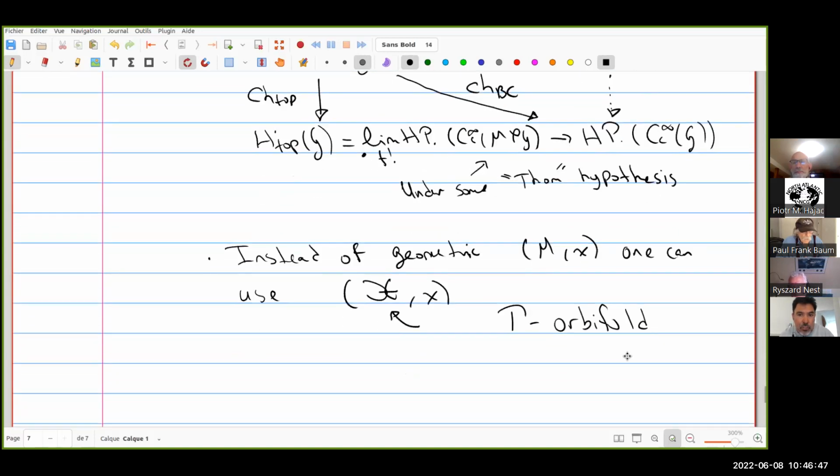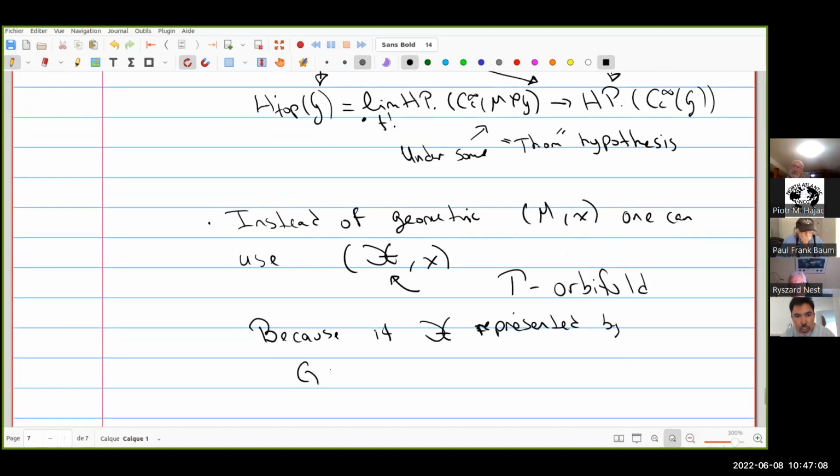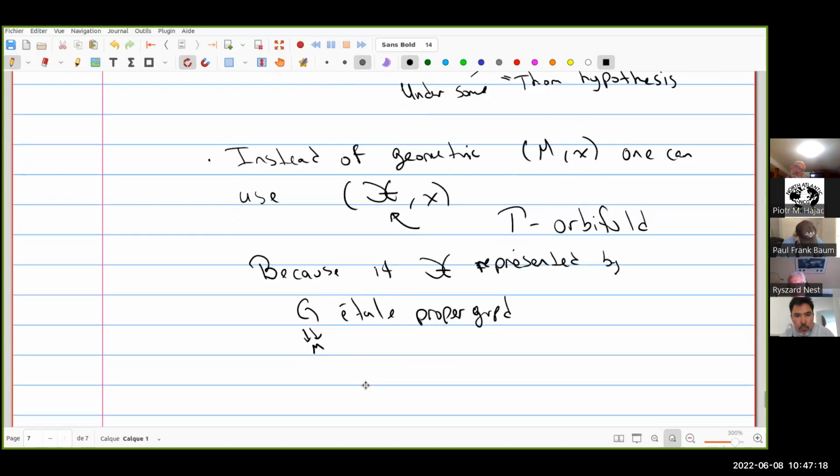In fact, the construction adapts exactly the same, because if the orbifold is represented by some étale groupoid, by G, a proper étale groupoid, with units M.